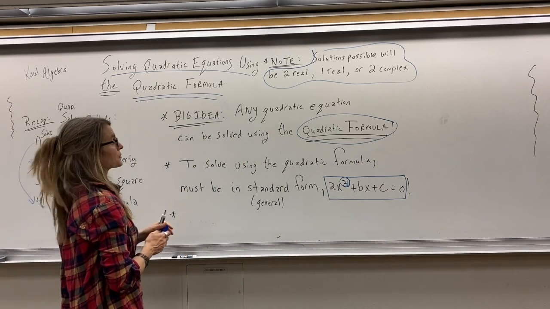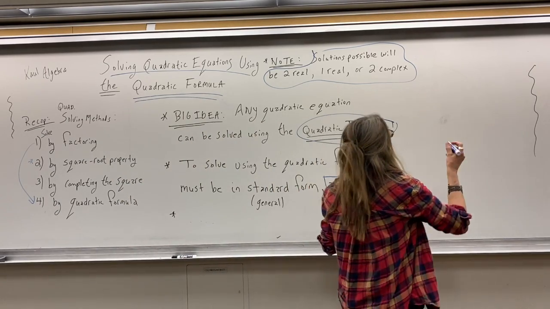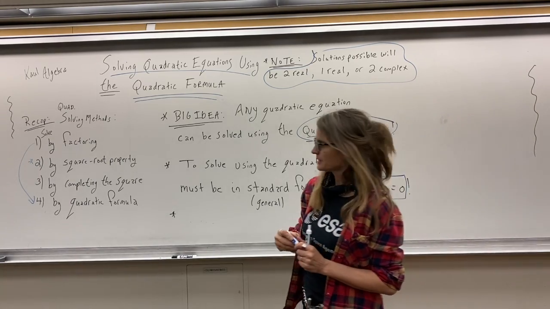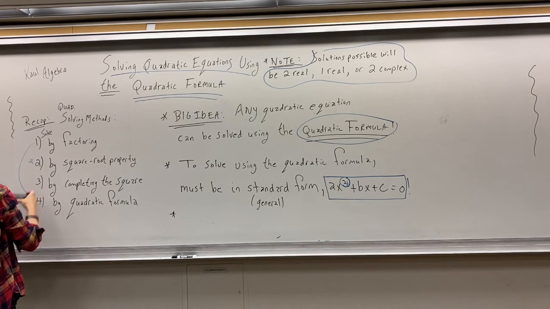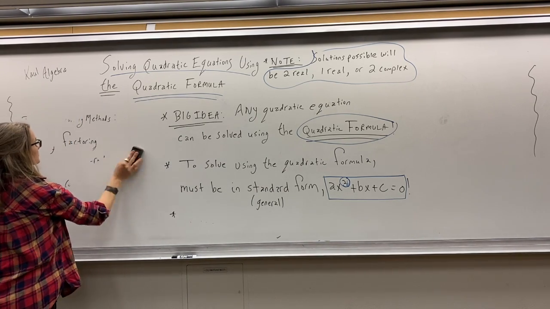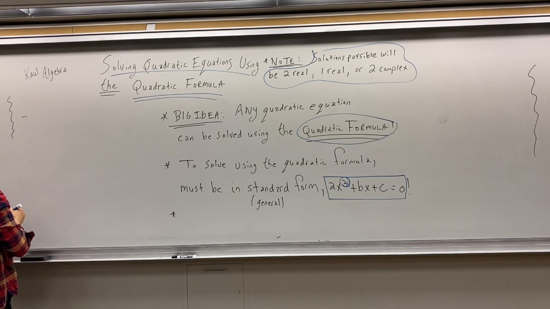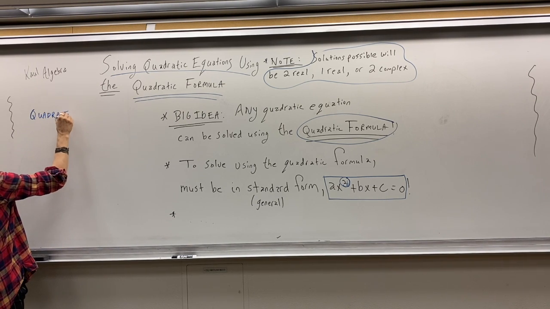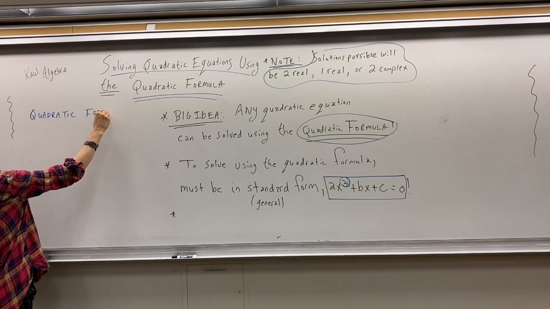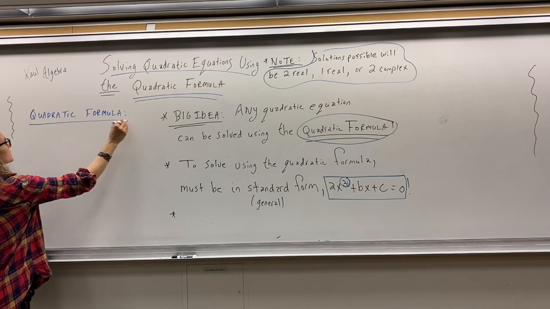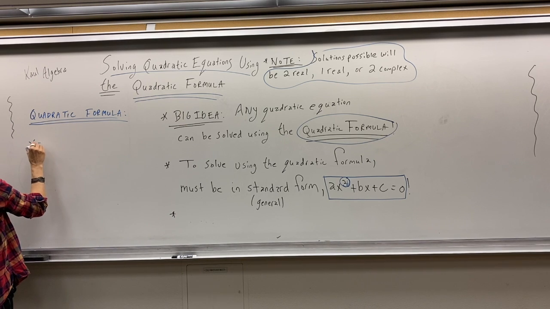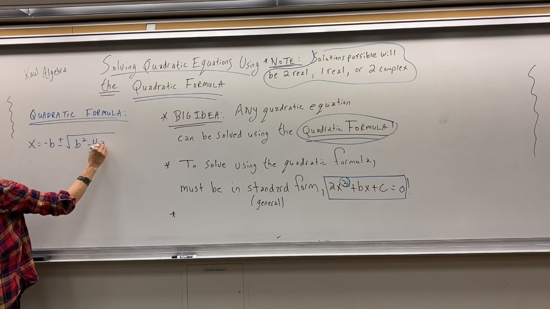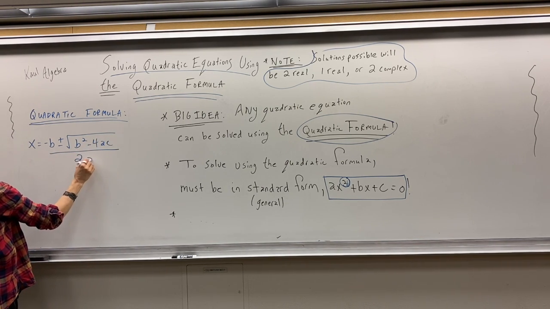Okay, so what is our formula? We're going to write this on the side here. Our quadratic formula is: x equals negative b plus or minus the square root of b squared minus 4ac, all over 2a.